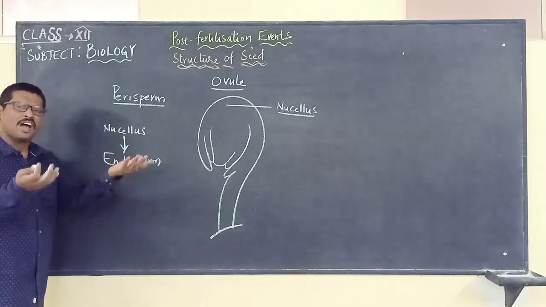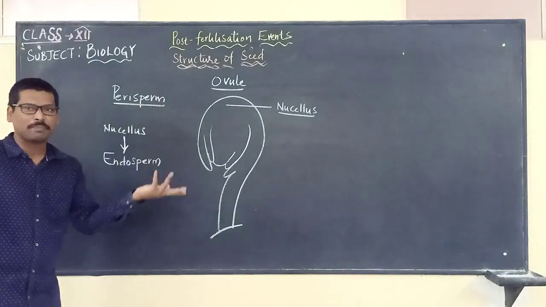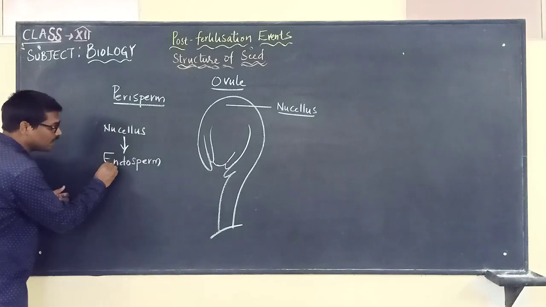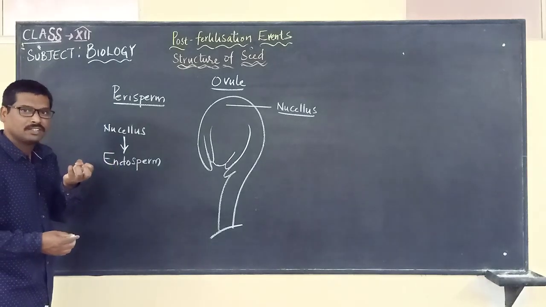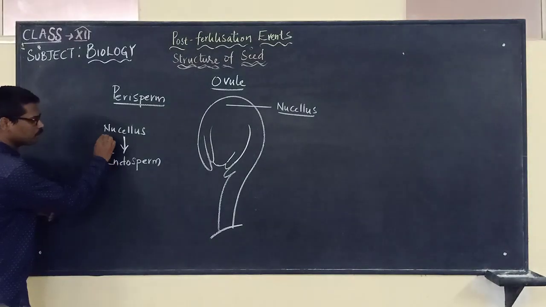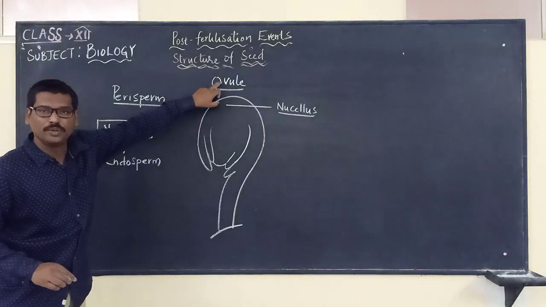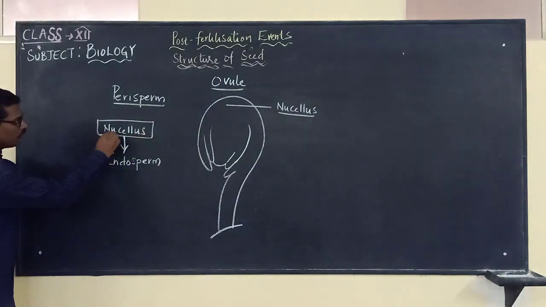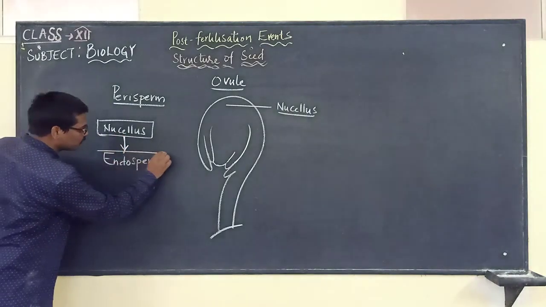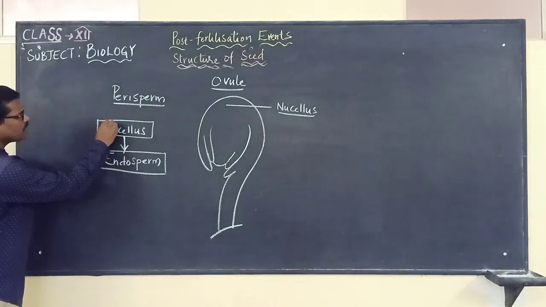Then how is this endosperm getting the food? The direct point is that it is from the plant. But how? What are those cells from which the endosperm absorbs the nourishment for the developing embryo? The endosperm absorbs the nourishment from the nucellus cells of the ovule. Now the nucellus, which contains so much food material, is absorbed by the endosperm, and as the endosperm absorbs this, what happens to this now?